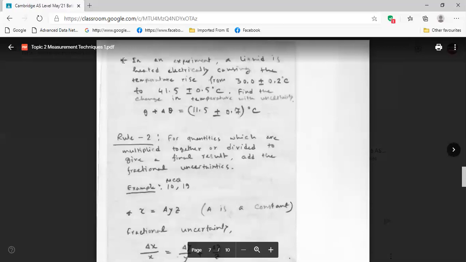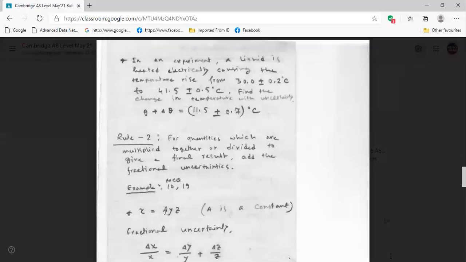The first one is here, see, one equation is given where x is the result, or the product, of multiplication of y and z. Y and z are two variables. A is a constant, maybe 2, 3, 4, any number. So in this case, how do we calculate the uncertainty?